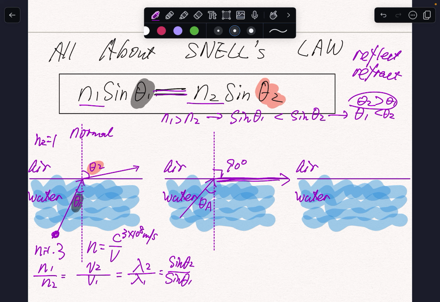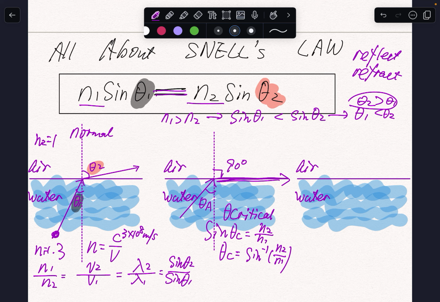When this happens, my theta A is called theta critical, the critical angle. To calculate the critical angle, we know sine theta C equals n2 over n1. So the critical angle equals arcsine of n2 over n1. That's how you calculate the critical angle.